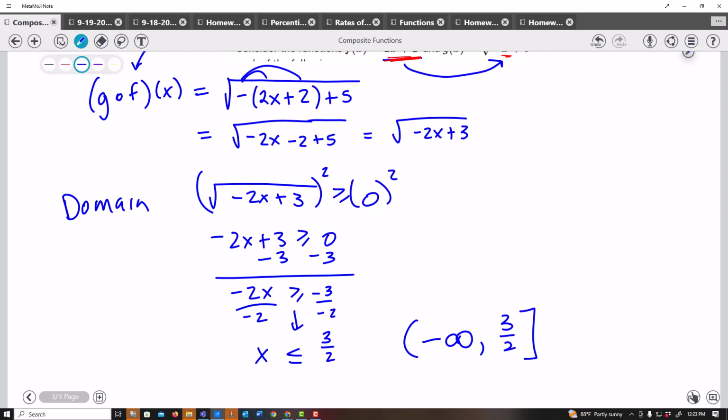Now you should always check these. I know, I'm just like you guys. I get a little lazy and I don't check this stuff. But if I plug in 3/2 into this composition, that's like saying 2 over 1, right? So that cancels. So I get negative 3 plus 3. So check, that works.